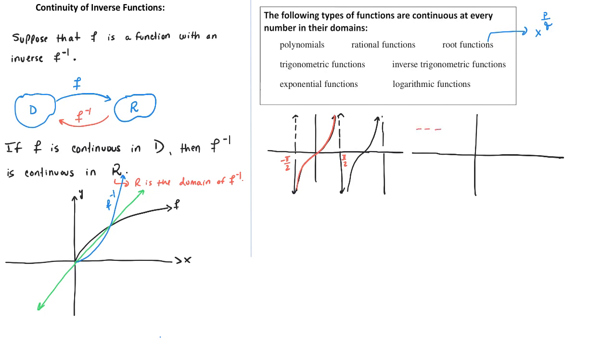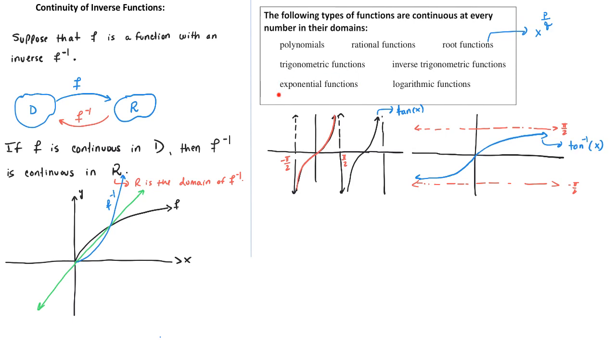And the inverse of tangent is going to be bounded by two horizontal asymptotes at pi over 2 and negative pi over 2. The function itself is going to look like this. It goes up and up like that. So here is tangent of x. And here is tangent inverse of x. And you can see that between negative pi over 2 and pi over 2, right here, tangent is beautifully continuous. And when you look at the inverse, it will also be continuous.